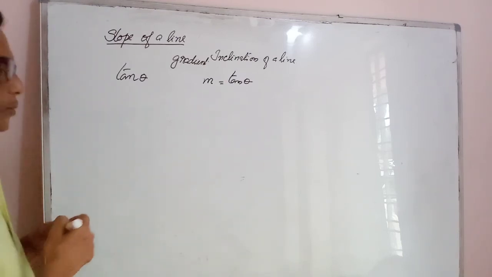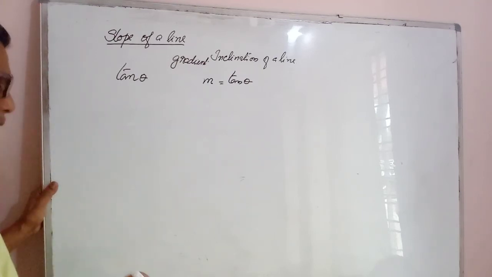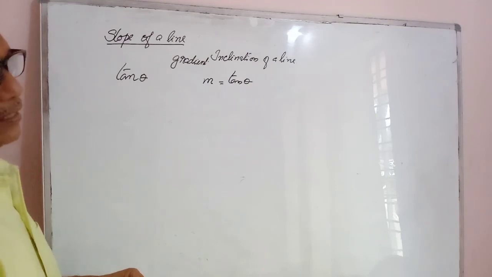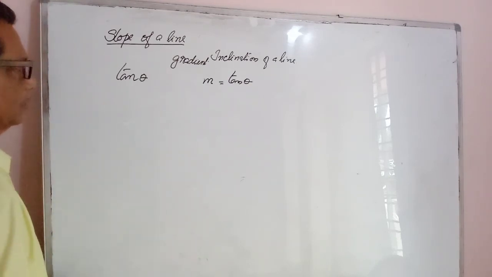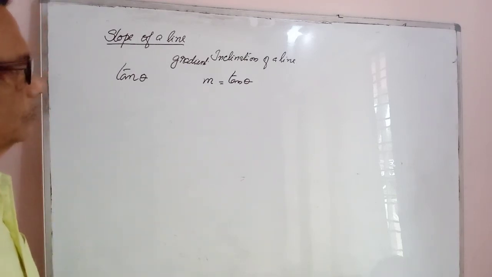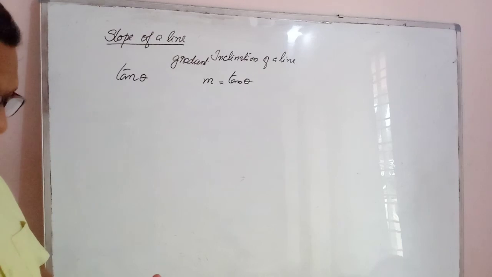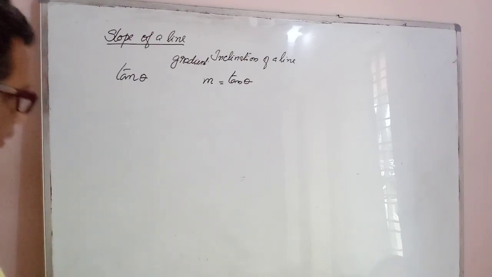Tan 0 is equal to 0. Then the slope of a vertical line: it always makes an angle of 90 degrees with the positive direction of the x-axis measured anti-clockwise. So slope is tan 90 and it is not defined. So the slope of the x-axis is 0, slope of the y-axis is not defined. Okay.